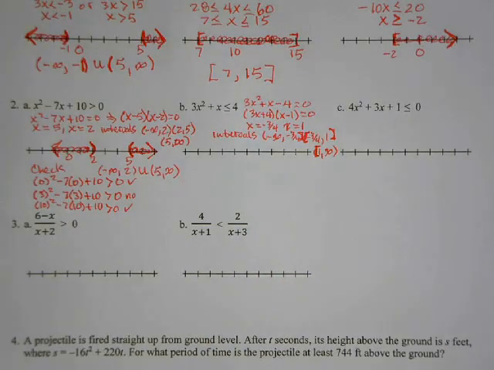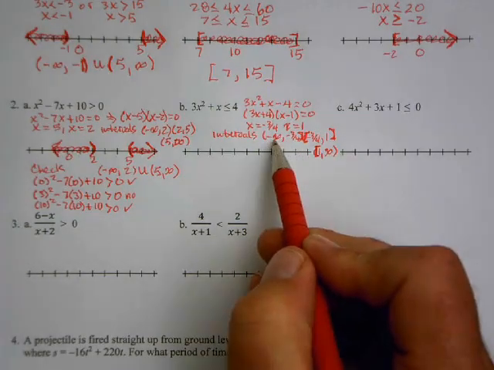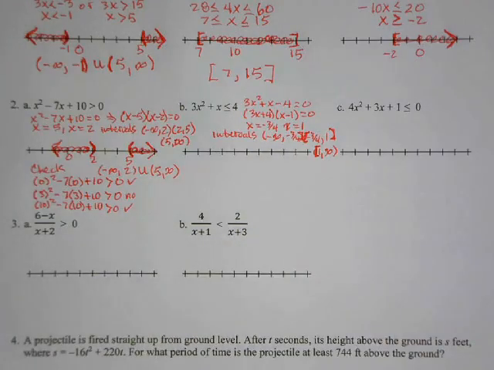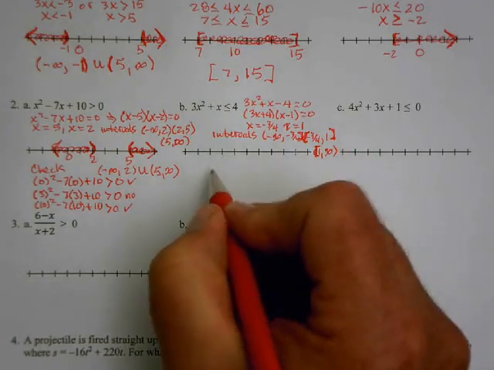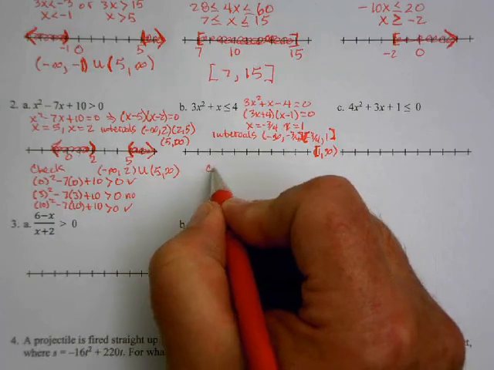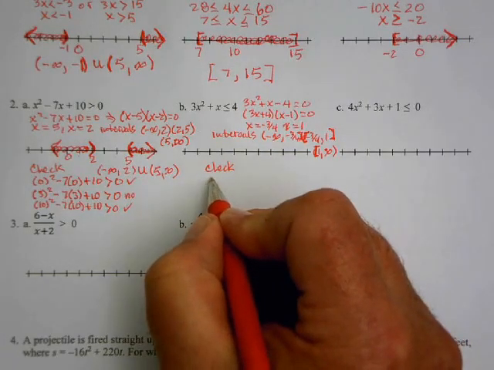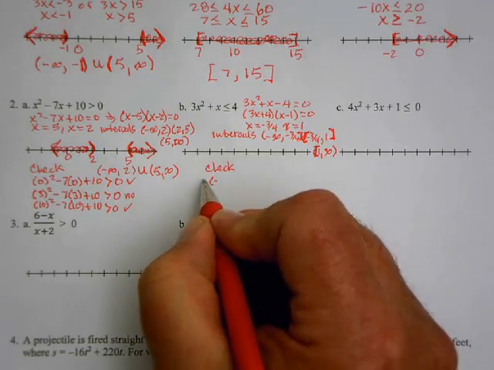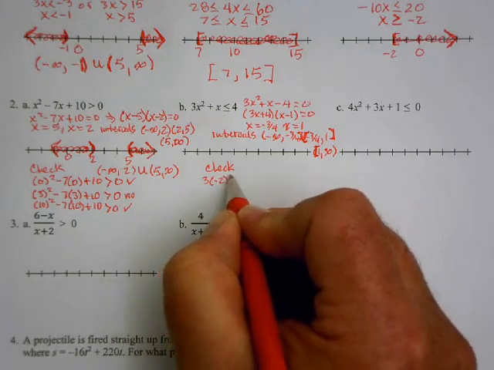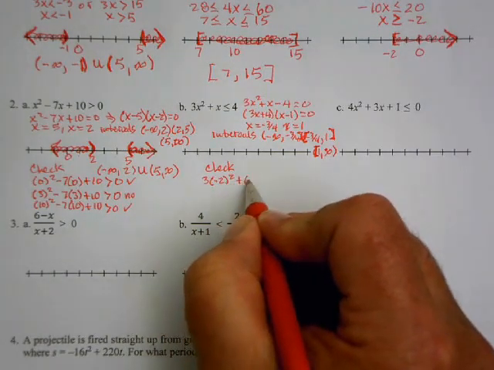All right, so now do our check. So between negative infinity and negative 3/4, let's do, say, negative 2. So we're going to have 3 times negative 2 squared plus a negative 2, subtract 4.